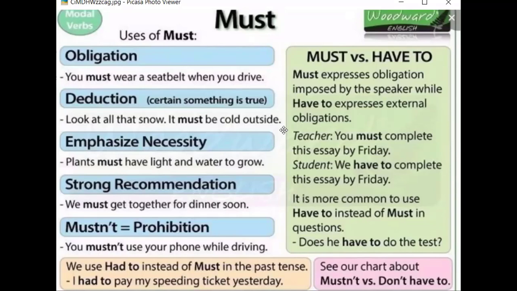Now another usage of must is strong recommendation. If you say we should get together for dinner soon, and if you say we must get together for dinner soon, there is a difference. Must shows strong recommendation.